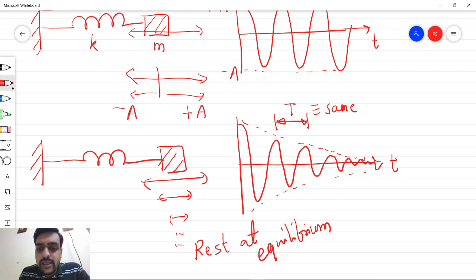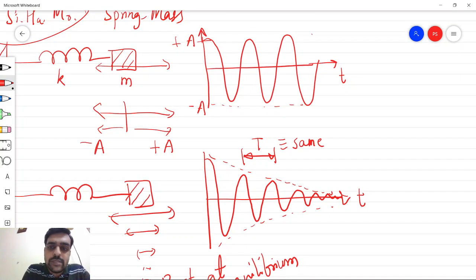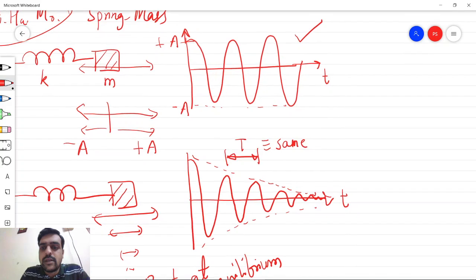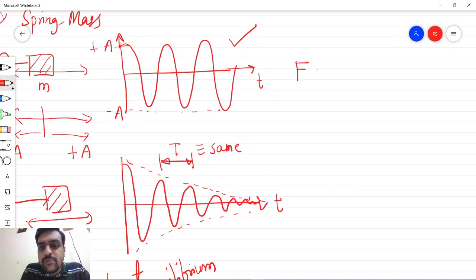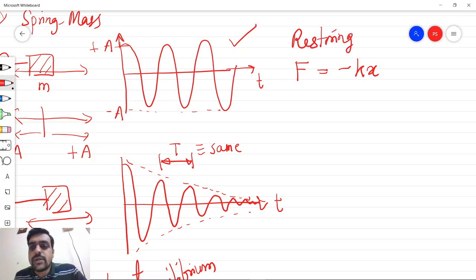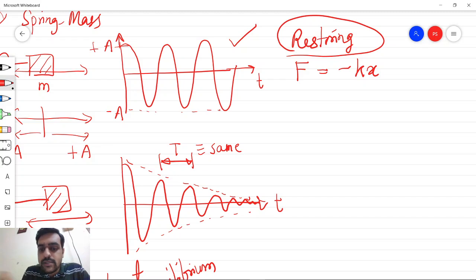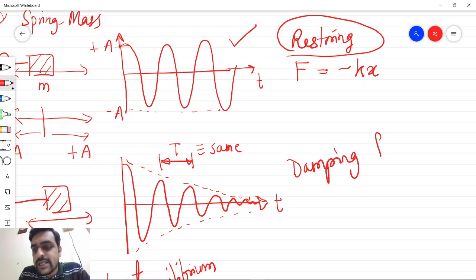So there must be a force coming into play other than the force responsible for this type of simple harmonic motion. If we remember, the force responsible for this is the restoring force imposed by the elastic nature of the spring. Now, in addition to this force, there is another force called a damping force, which is always present in all systems.